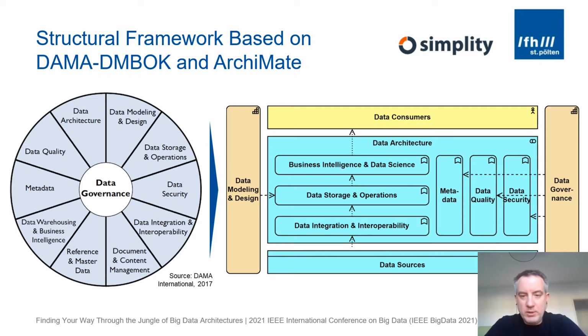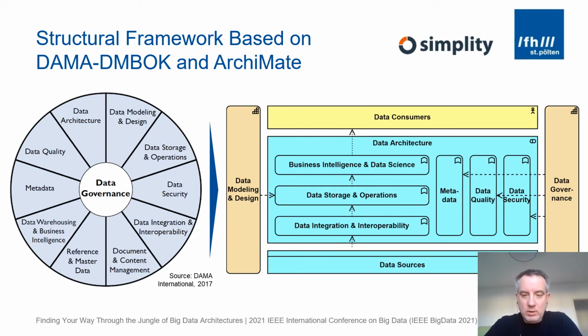And you see here on the right hand side there's basically elements like data integration and interoperability as an application function in Archimate terms, data storage and operations, as well as business intelligence, data science, more on the consumer side of things, metadata, data quality, data security.